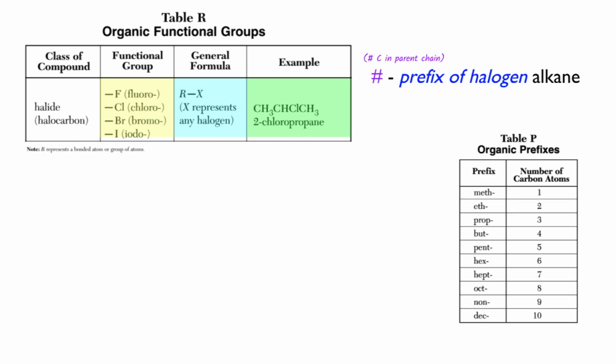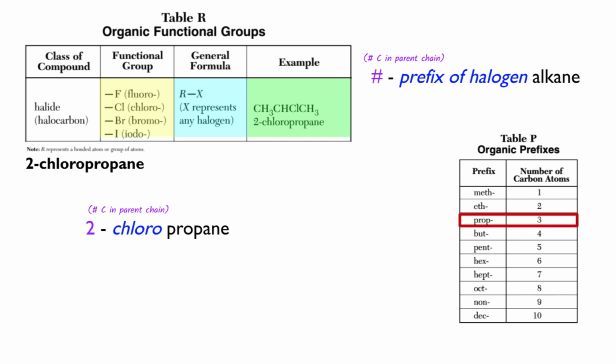So I've got 2-chloropropane on Table R as the example of the halide. That's telling me that there is a halogen coming off of carbon number 2 in the parent chain. And I'm going to have prop, 3 carbons in that parent chain.